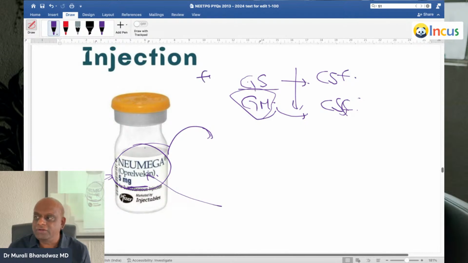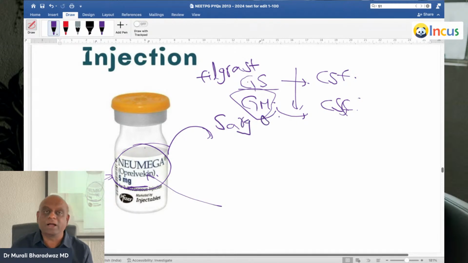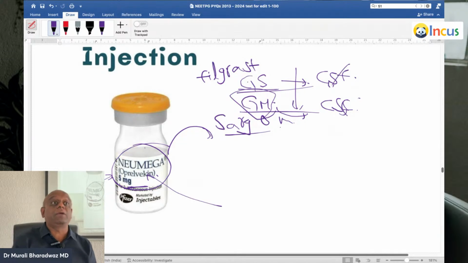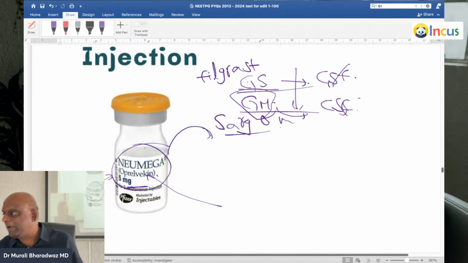And what are they called? Filgrastim, sargramostim. Filgrastim and sargramostim are the G-CSF and GM-CSF congeners, which stimulate the bone marrow to produce WBCs. Whenever chemotherapy causes myelosuppression, this is what you need to remember.